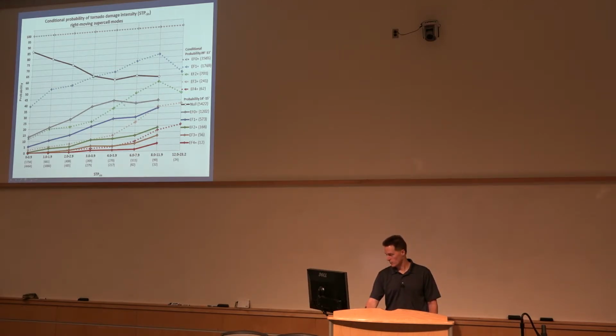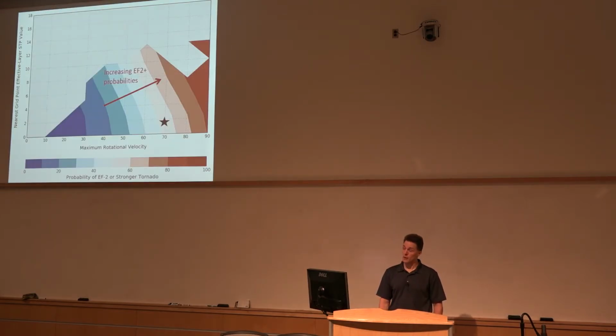So once you get around a 4 or 5 STP, there's about a 40% chance that you'll have a tornado in a given grid hour, which is actually pretty high, saying any supercell in that environment, there's about a 40% chance during that hour that you'll get a tornado. That's based solely on the environmental information. And you notice the violent tornadoes, those probabilities never get very high. They're extremely rare no matter what environment you piece together.